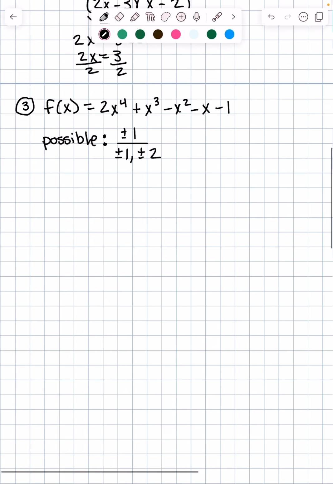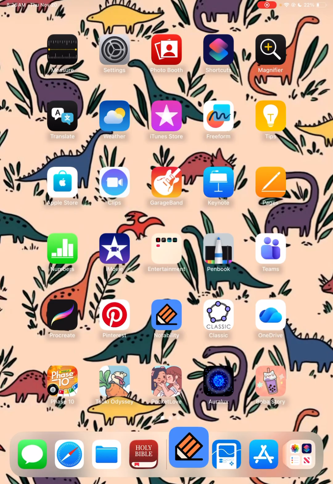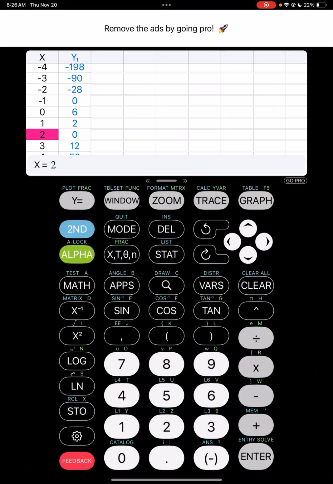Okay, so let's set up our synthetic division. Okay, and then again, let's type this into our calculator to see some of our zeros.